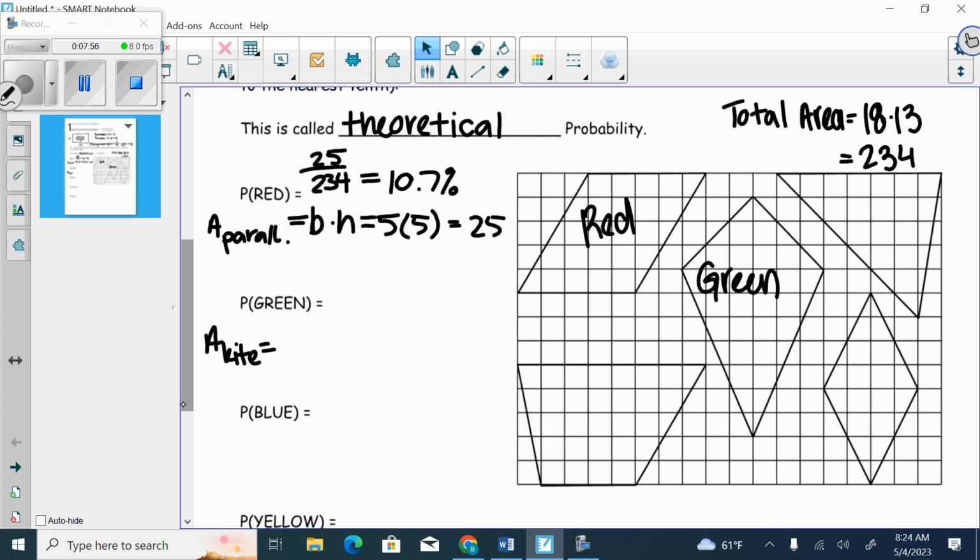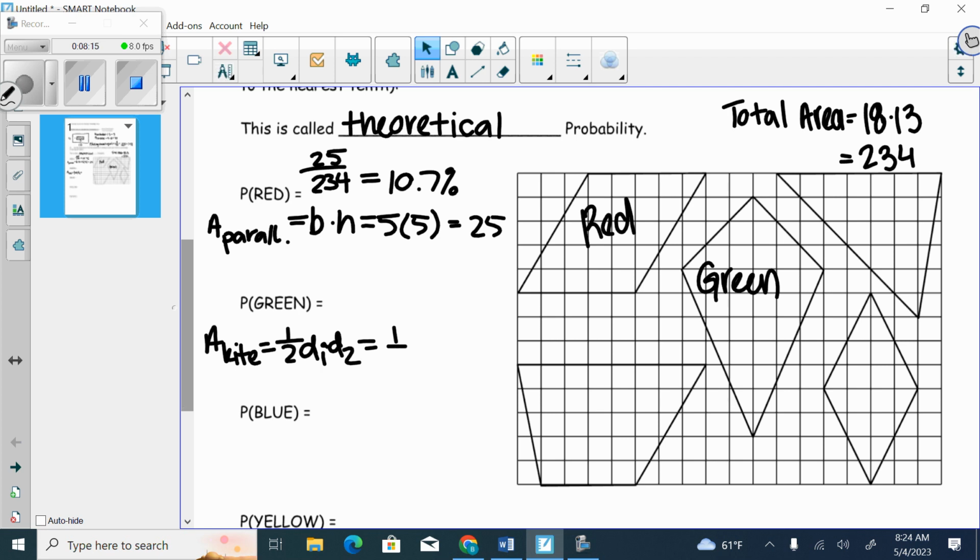One half diagonal 1 times diagonal 2. All right. So what is the length of each one of those diagonals there? 6 and what? 6 and 10.